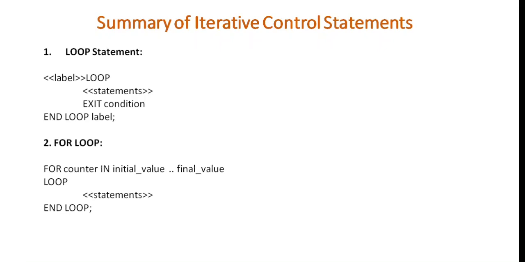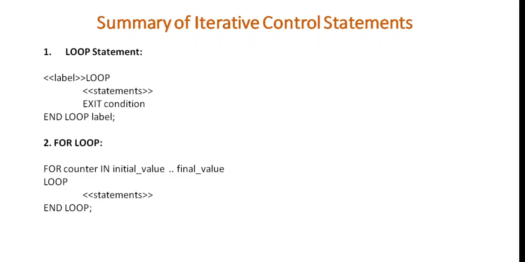Then we have the FOR loop. The syntax of the FOR loop is FOR, then the counter or index variable that we have already used, that is i. Then the IN keyword is written, which is used to compare the index variable with the given bounds. Then the initial value, which is the lower bound, and the final value, which is the upper bound. Then the LOOP keyword is used, and inside it executable statements are written.